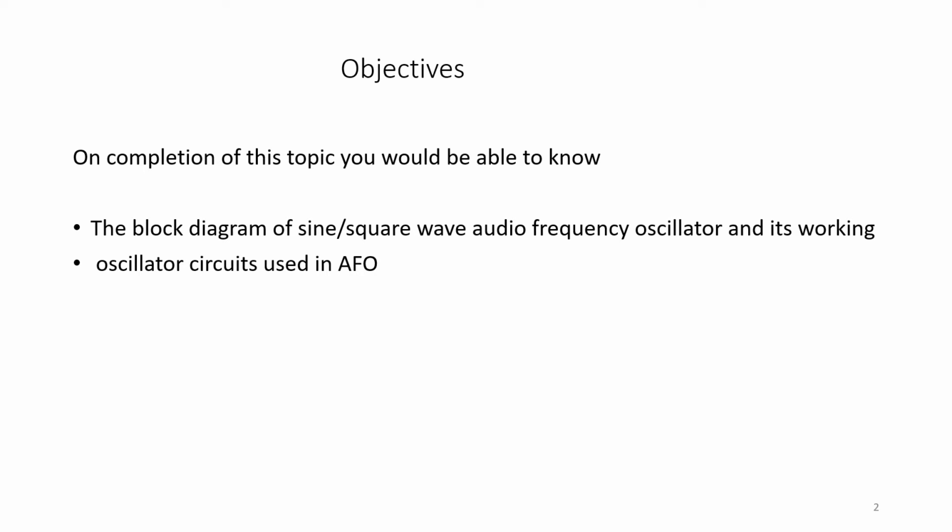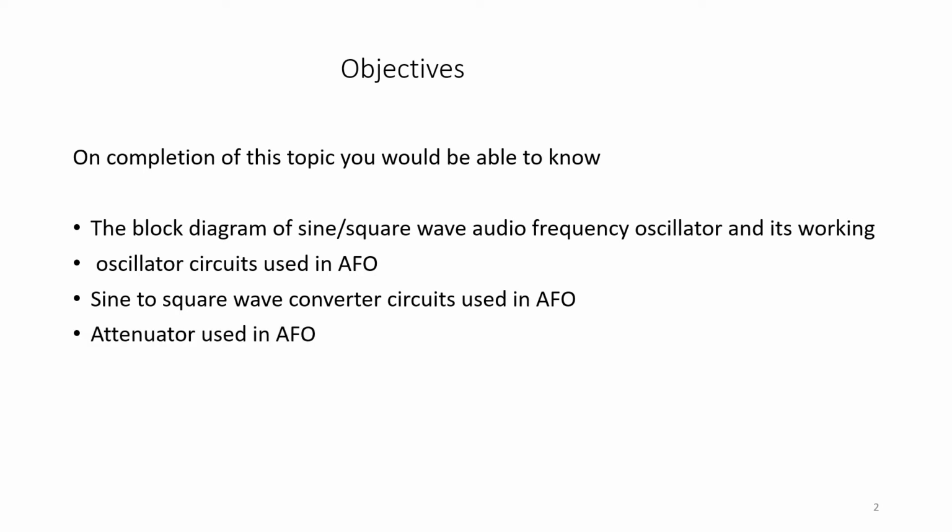Here we'll see the block diagram of a sine wave or a square wave audio frequency oscillator, and its working. We will see the oscillator circuits used in AFO, the sine to square wave converter circuits used in AFO, and the attenuator used in AFO.